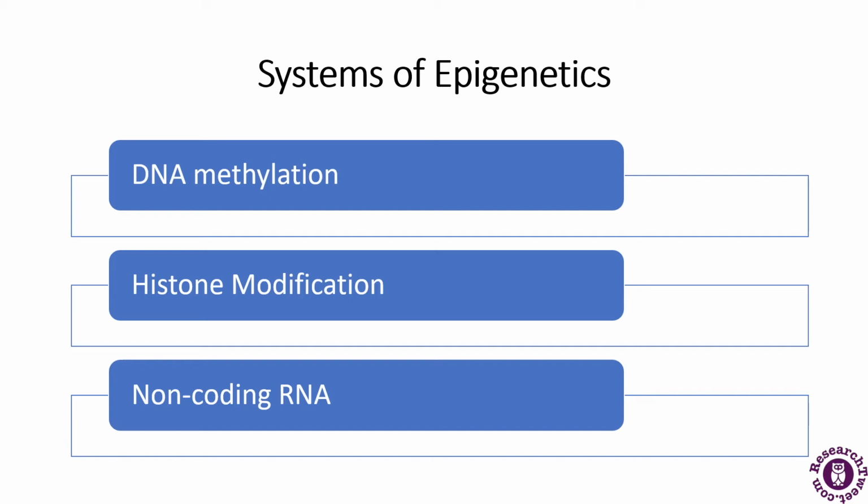The next is about histone modification. In biology, histones are highly basic proteins which are abundant in lysine and arginine residues that are found in eukaryotic cell nuclei. They act as spools around which DNA binds to create structural units called nucleosomes.